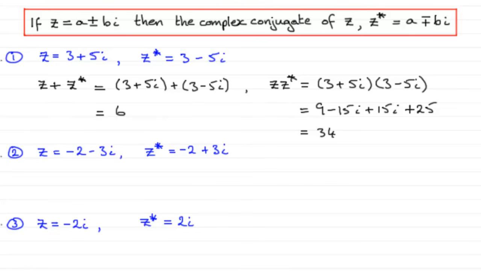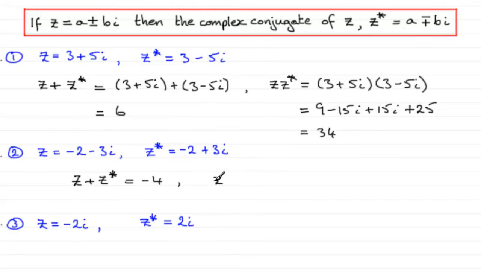Okay, let's see how you got on if you had a go. So if you were to add these two together, we'd have z plus z star. Well, that's going to be minus 2 minus 2, which is minus 4, and minus 3i plus 3i, well, that disappears to 0. So you end up with a real number, minus 4.